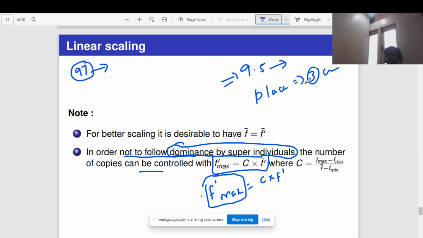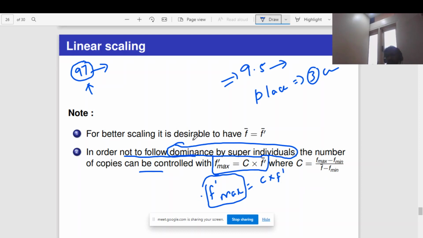Why? Because if he sits, then he only will be selected. So here also there should be an upper limit on the number of times the individual with good fitness score gets selected. That upper limit is fixed by this formula: f dash max is equal to c into f dash, where c is equal to f max minus f min divided by f dash minus f min.